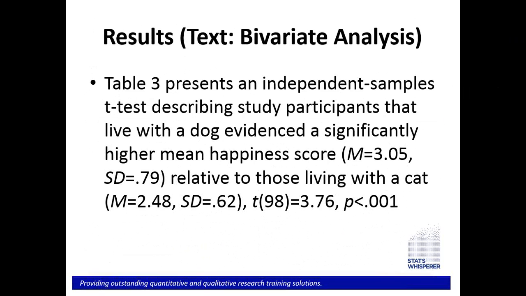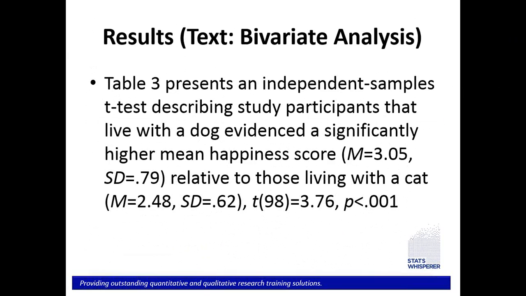Okay, now we're getting into our bivariate analysis. And this too, we want to make right to the point. So, Table 3 presents an independent samples t-test describing study participants that live with a dog evidence significantly higher mean score, and then we put the mean and standard deviation for that group in there, relative to those that live with the cat.